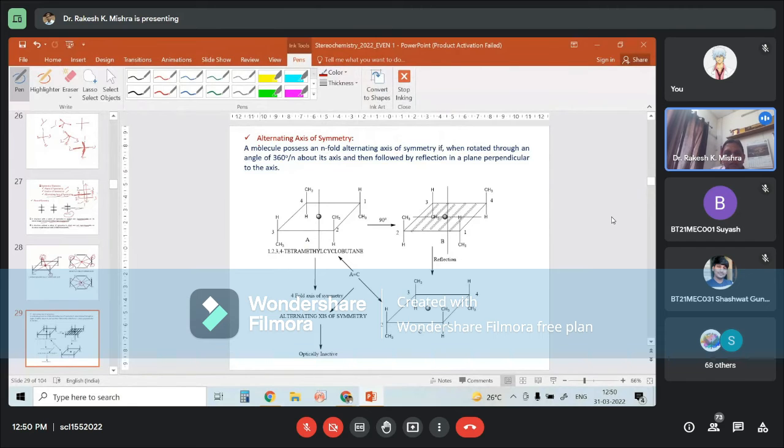Two operations means there is a rotation and a reflection. So the definition is there. A molecule possesses an n-fold alternating axis of symmetry. We talked about plane, we talked about center, now we are talking about the axis. When rotated through an angle of 360 by n, like a quadrangle, 360 by n will give 90 degrees.